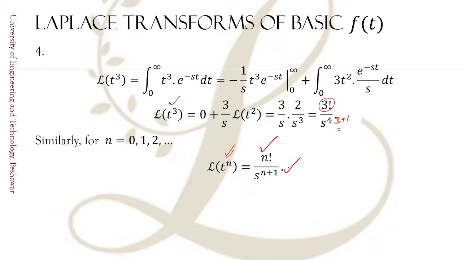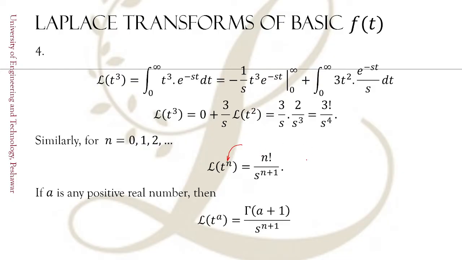Okay. Now, what would happen if this n is not an integer? What will we do then? In that sense, you should remember from gamma function theory that there is a relation between factorial and the gamma value when n is an integer, and that is gamma of n plus 1 equal to n factorial.